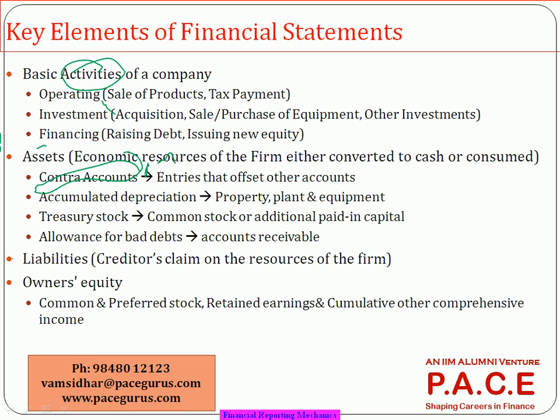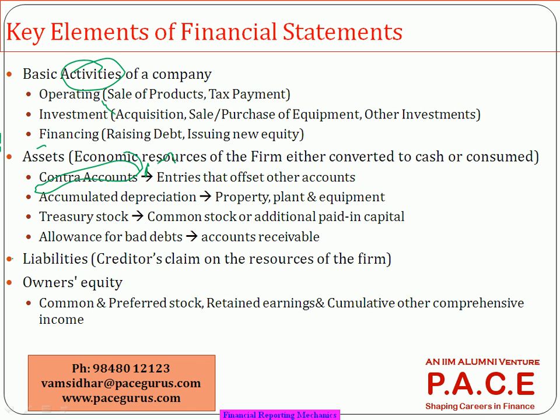Similarly, bad debts. Accounts receivable is the amount I still have to receive from my customers. That's a benefit that I will get in future, so it's an asset. What is the contra to it? Some amount I may not receive at all.